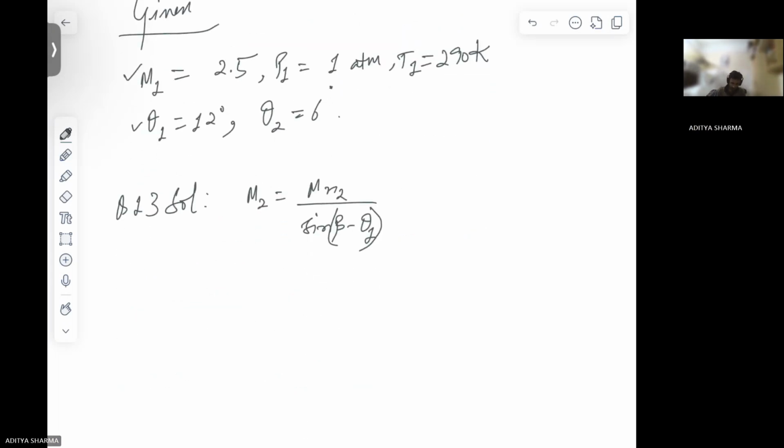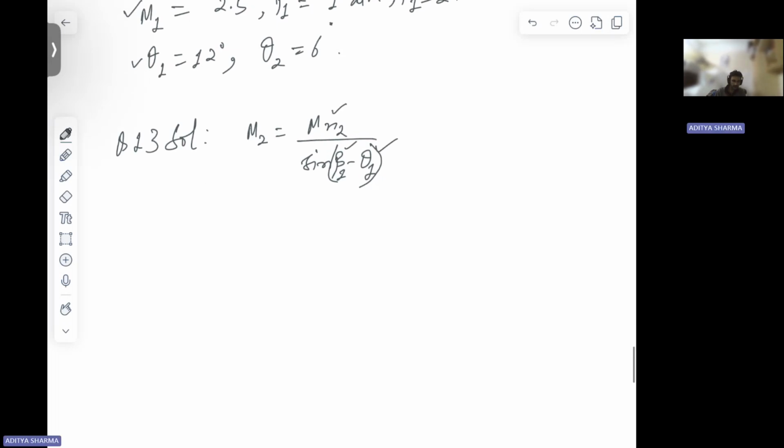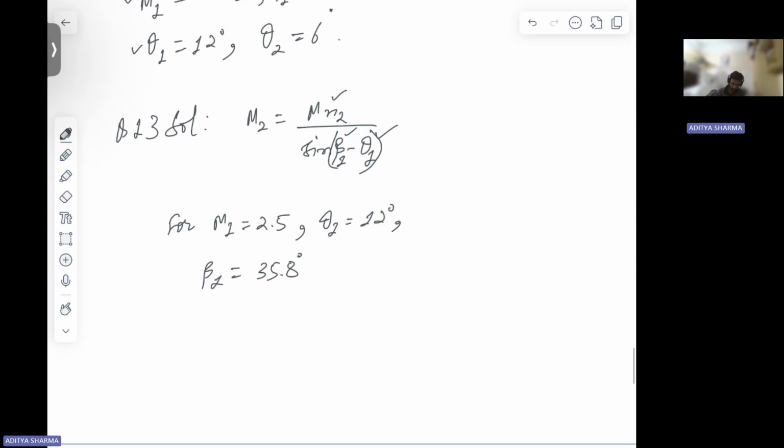Theta 1 we have, Mn2 we don't have, beta 1 we don't have. So beta 1 we can get from the data that has been given to us. For M1 equals 2.5, in the first table, theta 1 is equal to 12 degrees, your beta 1 will be equal to 35.8 degrees, right?